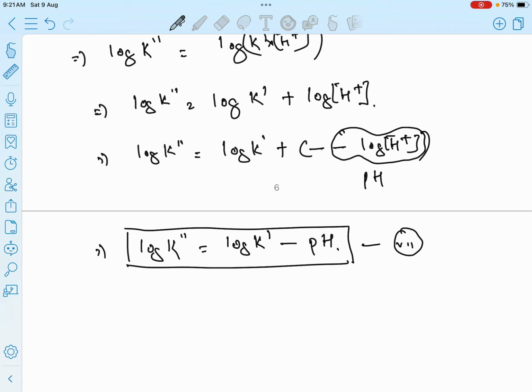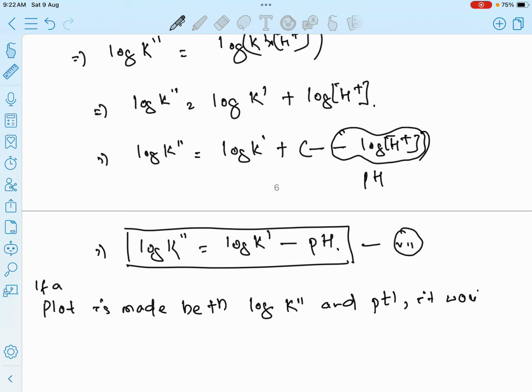Now you can say that if a plot is made between log of K double dash and pH, it would yield a straight line.